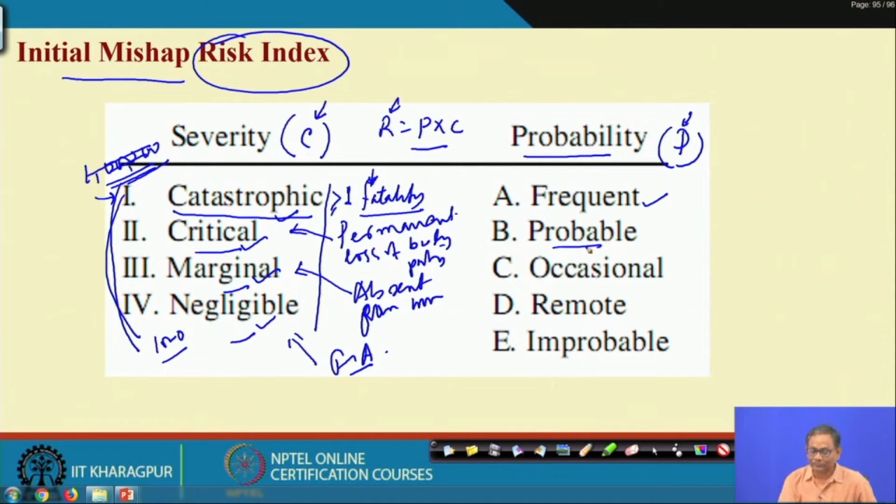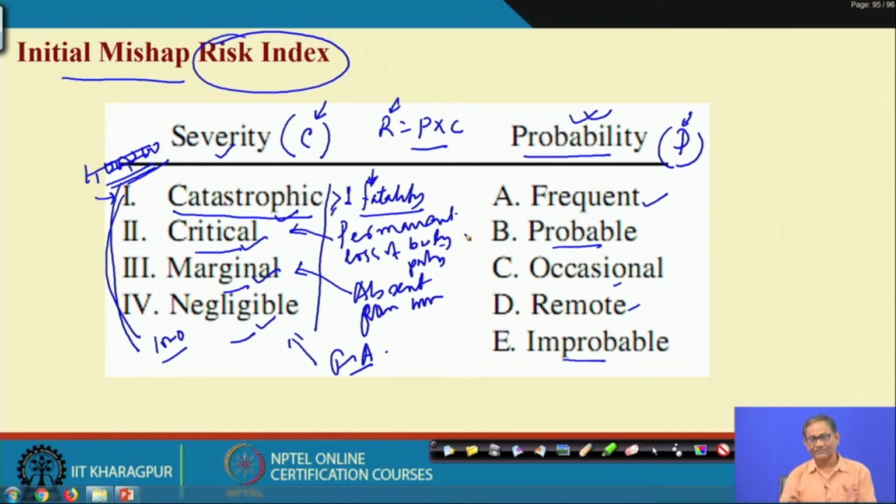Probable, maybe if I say 4 to 5 times out of 100. Occasional, maybe 2 to 3, and remote maybe 1 to 2, improbable less than 1. So, something like this, but in qualitative risk assessment, please understand that for the severity scale as well as the probability scale, there is no reference point. Okay. It is basically used for ranking purposes.